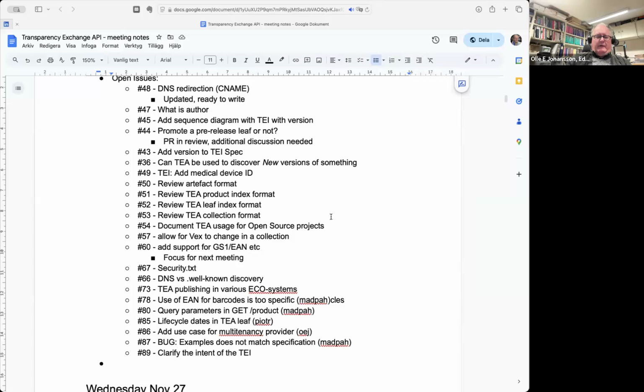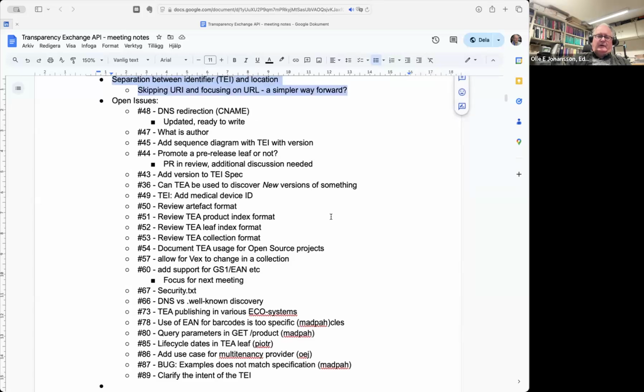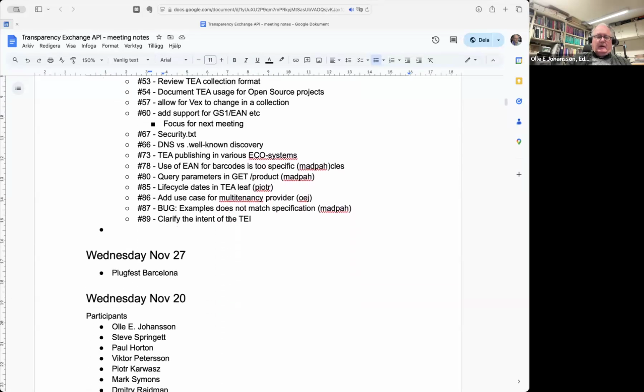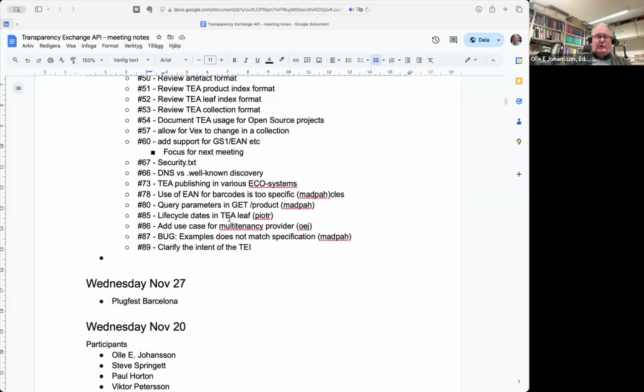Okay, we have a lot of issues that we need to start working on. I've been busy traveling around having seminars, but I'll start to look at them. I don't think we have time to go through all of them here. We have life cycle events, looking at the CLE. Add use case for multi-tenancy.